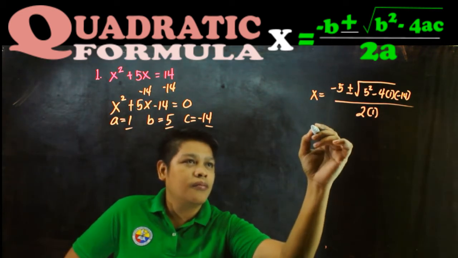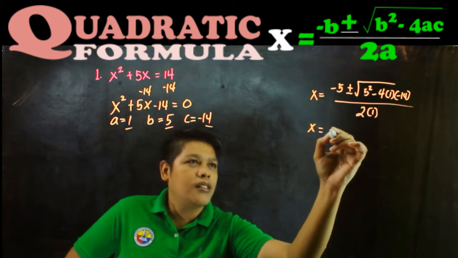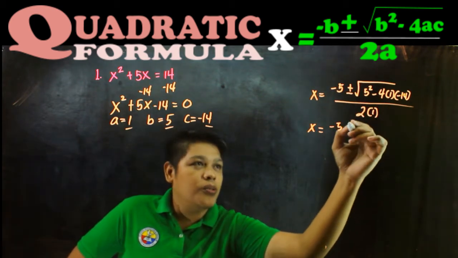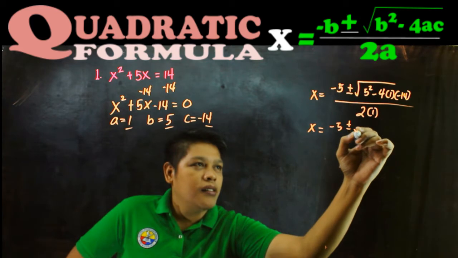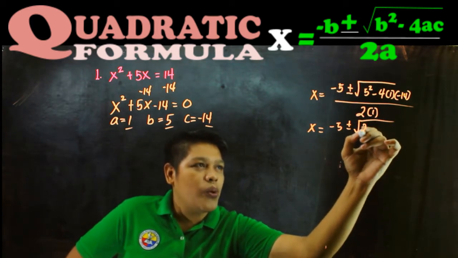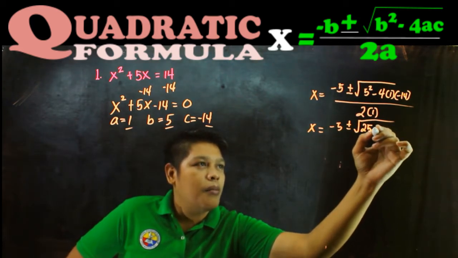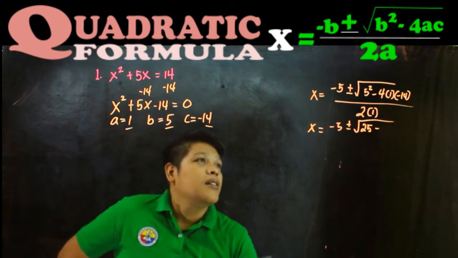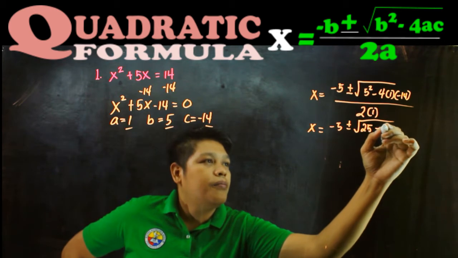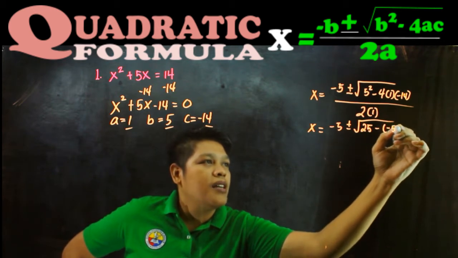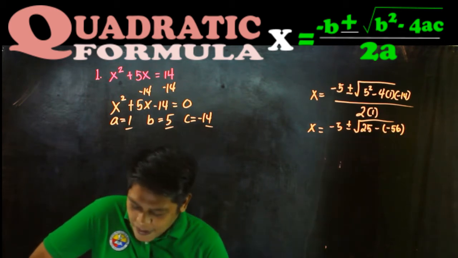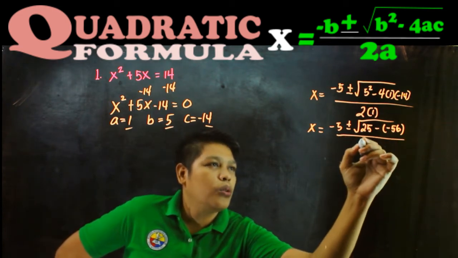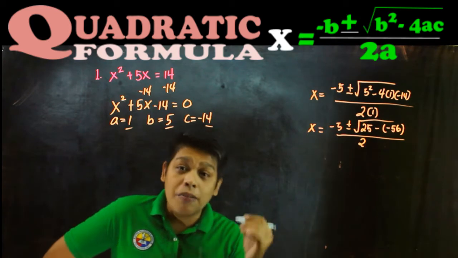So x equals negative 5. Ang uunahin natin yung mga nasa loob. So 5 squared is 25, minus 4 times negative 14 is 56. Tama, di ba? And then over 2 times 1 is 2.